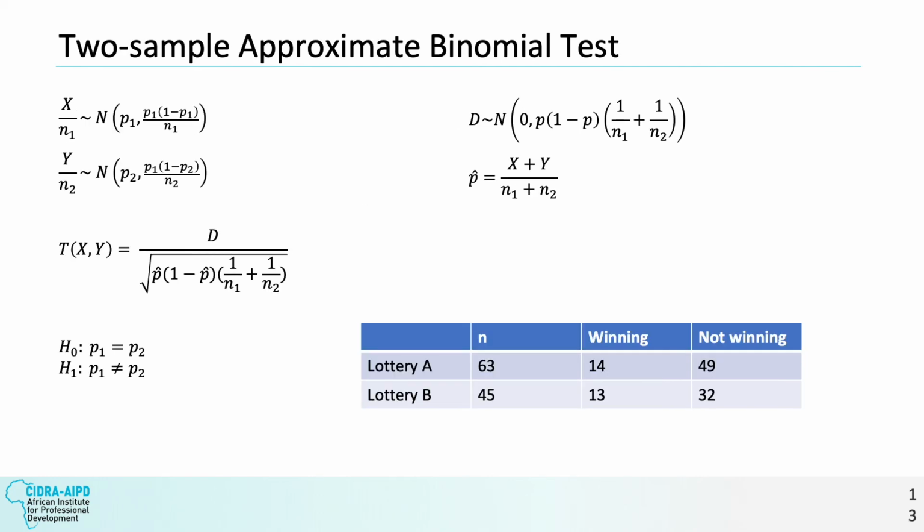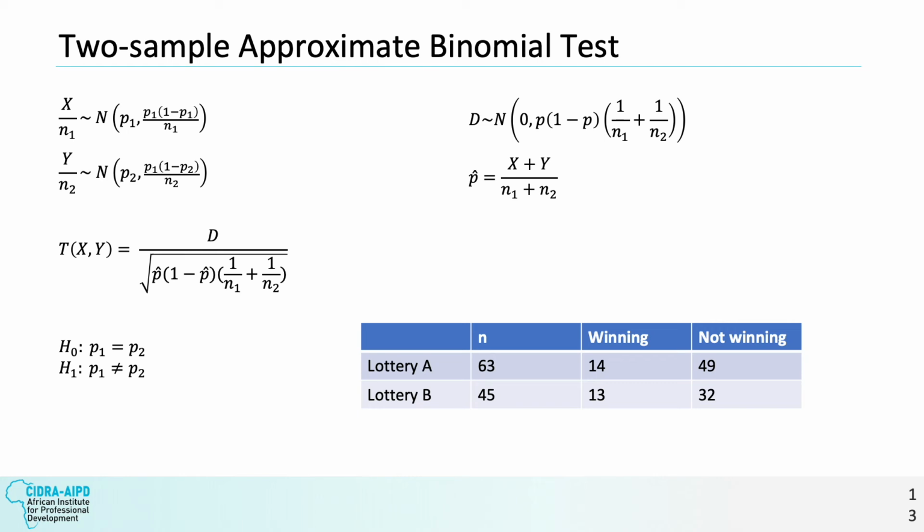We have one last test to cover, which is the approximate binomial test with two samples. As with the one sample test, we approximate a binomial distribution, this time approximating the sums of our samples x and y with parameters p1 and p2.